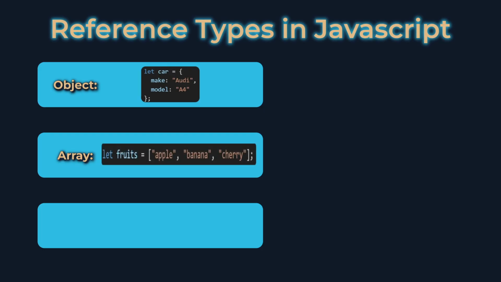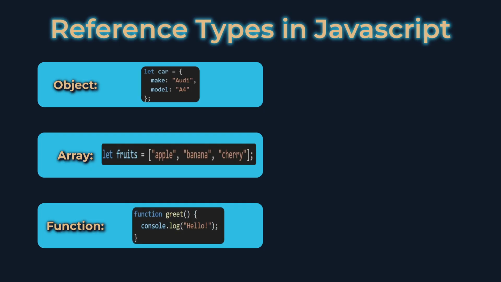Zero-based indexing like most languages. 3. Function. Functions are also objects in JavaScript. There's a special operator in JavaScript which allows us to check a variable's data type. It's the typeof operator. Shortly, we will see it in action.